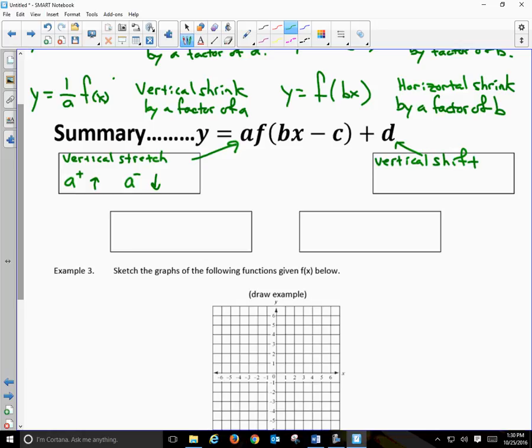Then we get to the inside. If we look at that number in front of x, that's going to create a horizontal stretch or shrink, depending on its value, right? What if b is negative? What does it do if b is negative? Flips it horizontally, so it will go to the left as opposed to the right.